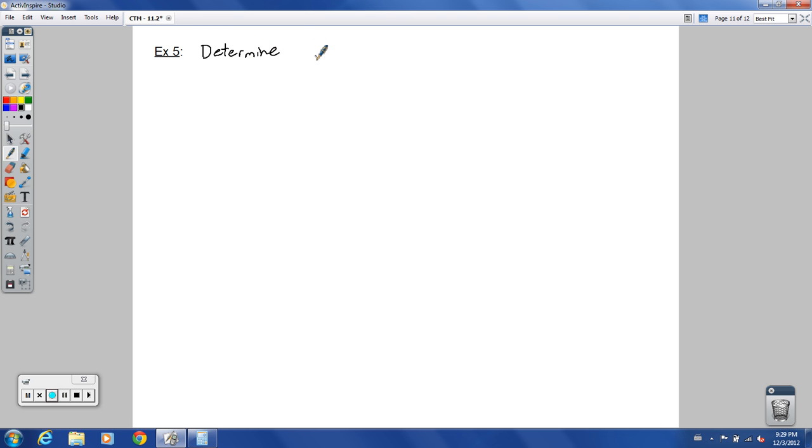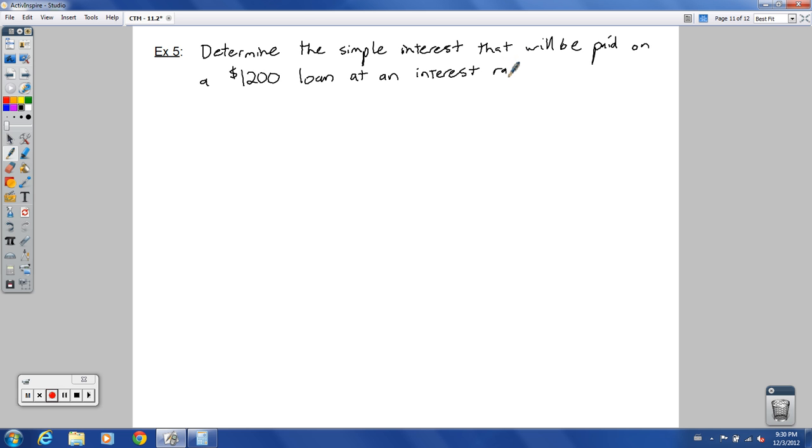Determine the simple interest that will be paid on a $1,200 loan at an interest rate of 7.5% for the period February 3 to August 15, using the banker's rule.